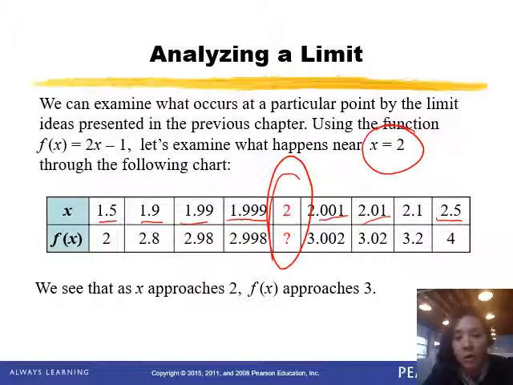So we know what's happening right before 2 and right after 2, but what is the function doing as x approaches 2?